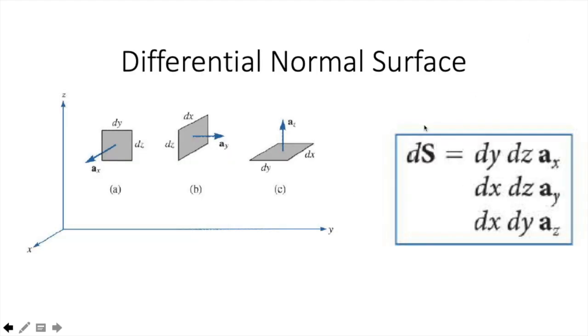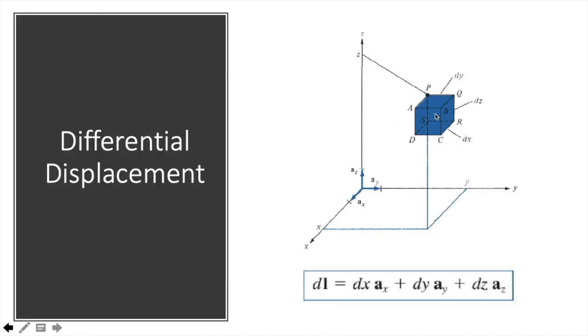So in the next slide we can see here we have dy dz, and this is the normal ax. Similarly, this surface will have dx dz, and the normal is directed in this direction, outwards, away from the volume. So what will be the direction in that case? Ay.